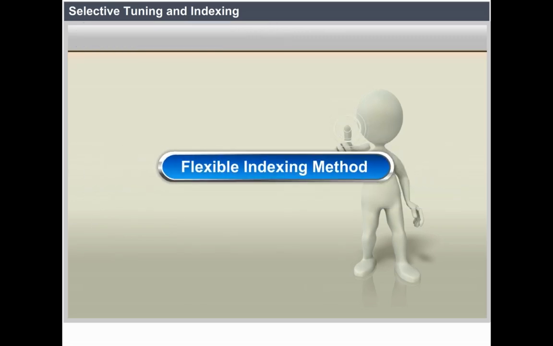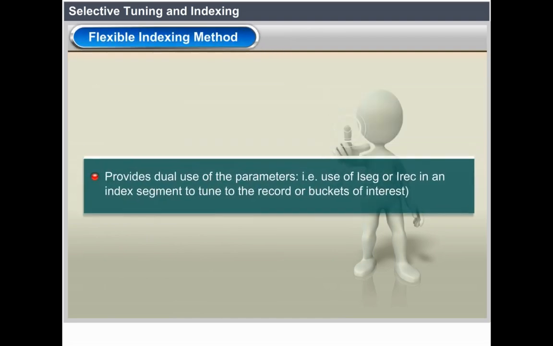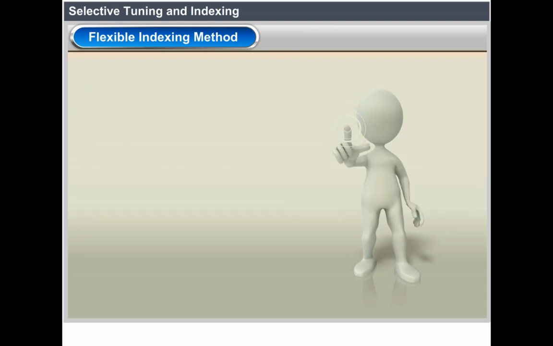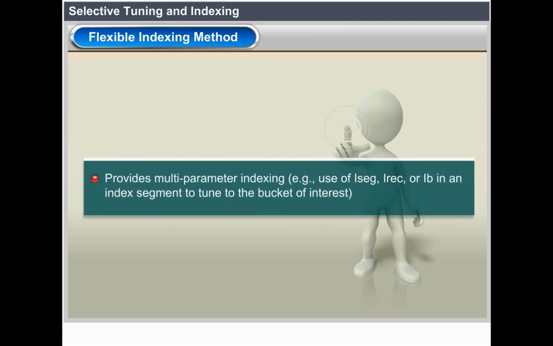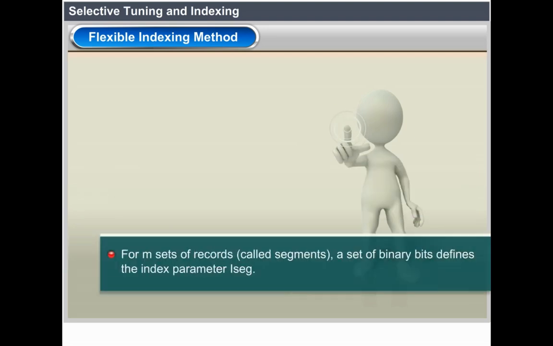Flexible indexing method provides dual use of parameters, use of ISEG or IREC in an index segment to tune to the records or buckets of interest. It also provides multi-parameter indexing, for example, use of ISEG, IREC or IB in an index segment to tune to the bucket of interest.